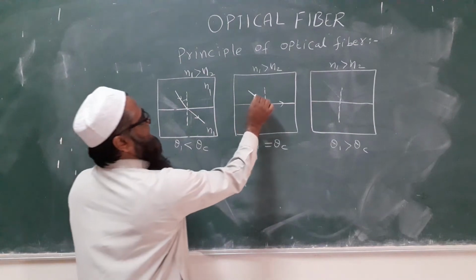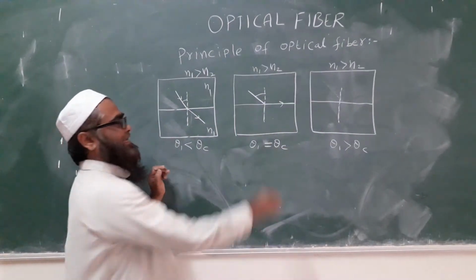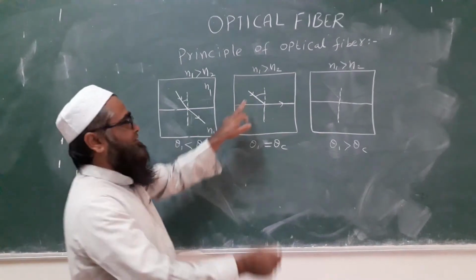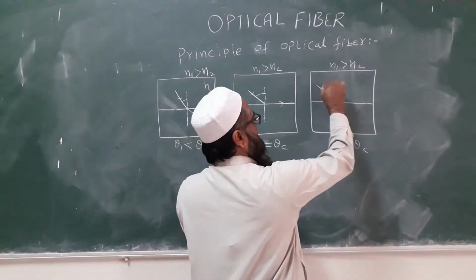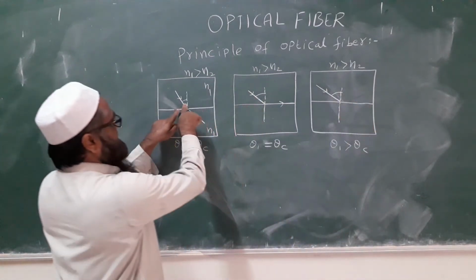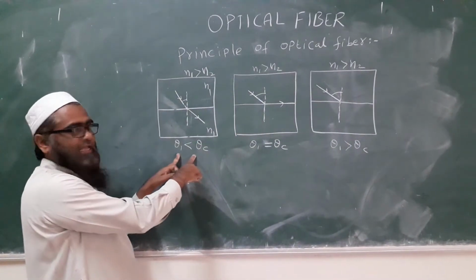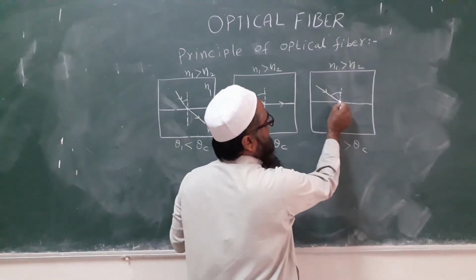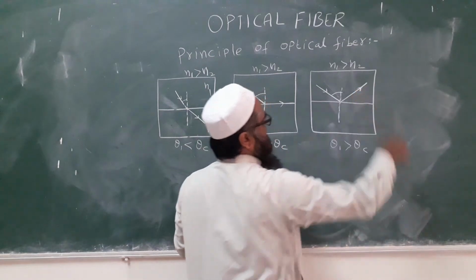Suppose I increase this angle more, this being the angle of incidence. See here, compare: this is less than the critical angle, this is equal to the critical angle, and this is greater than the critical angle, then the ray comes back into the same medium.